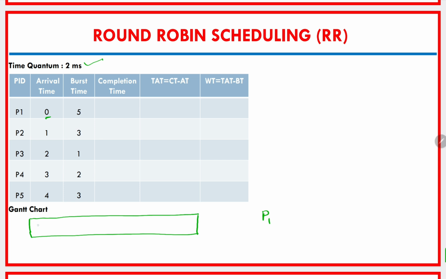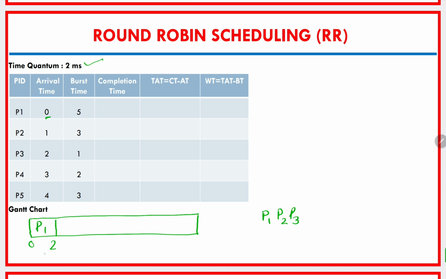So P1 comes over here and executes for 2 milliseconds, that is from 0 till 2. But actually it needed 5 milliseconds. By the time 2 milliseconds have elapsed, P2 and P3 had already entered the ready queue. Earlier only P1 was there, but after 2 milliseconds, P2 was also there, then P3 was also there.